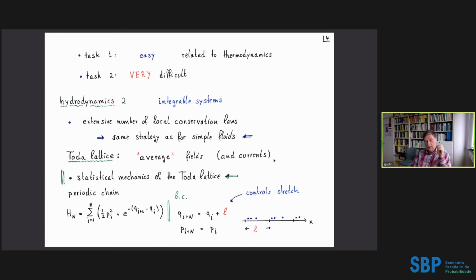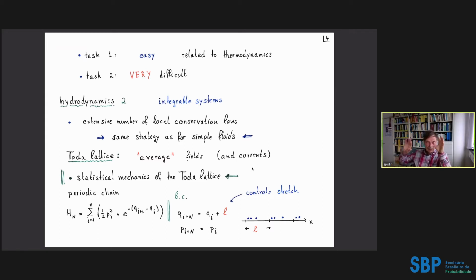The currents are actually a very nice subject, but I just don't have enough time in this talk to really explain how this works. For Pablo, this is something which actually came after Buenos Aires, and it's a very nice proof of these currents. Anyway, I will concentrate here on the statistical mechanics of the Toda lattice. So this is a little bit of a break in the talk.